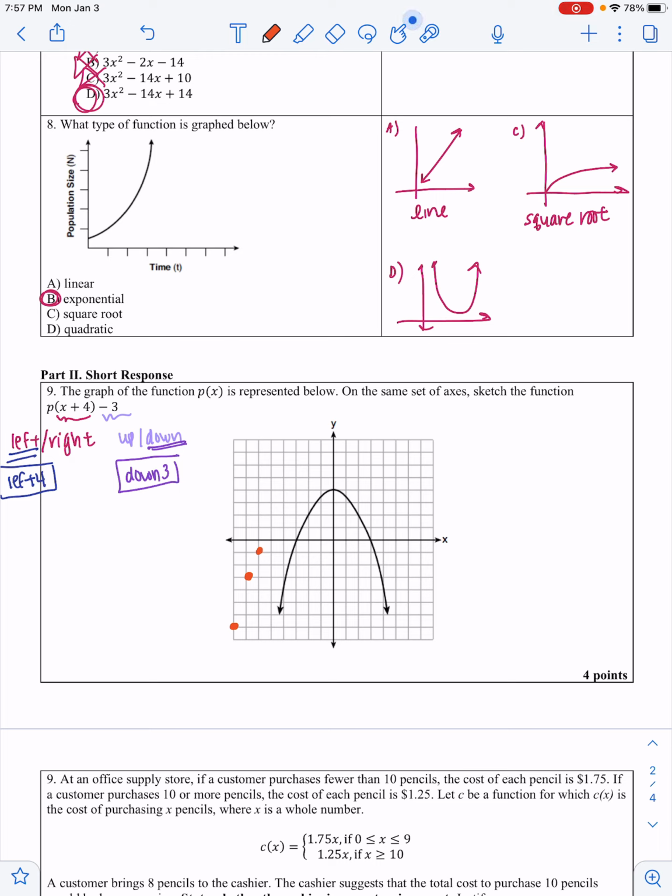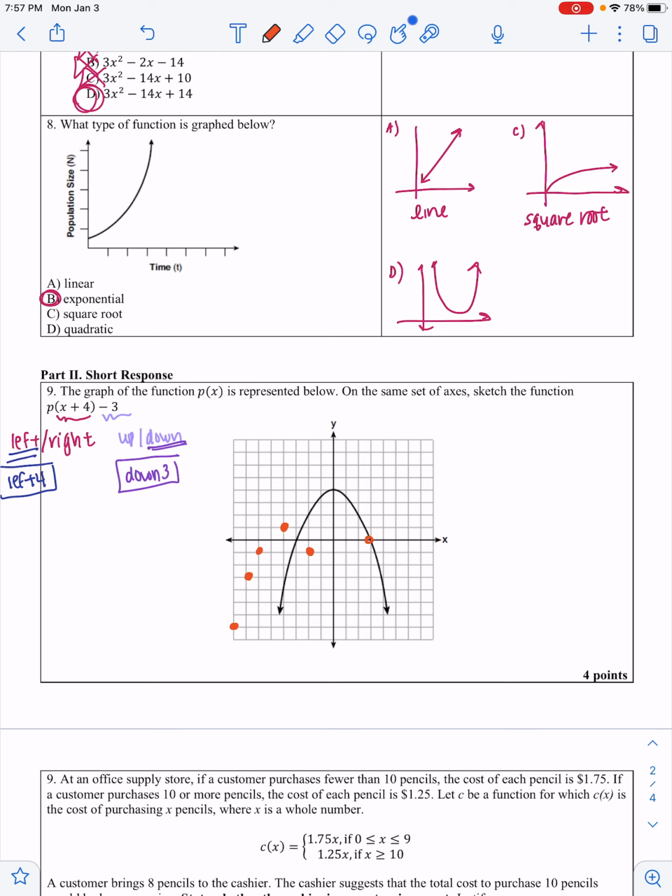And we want to do all the points we can possibly identify. I can do this one. Left 4, down 3. I'm at the tip now. This point we can also shift. Left 4, down 3.